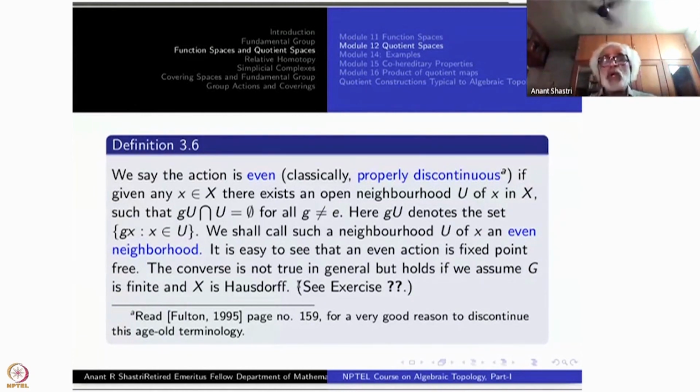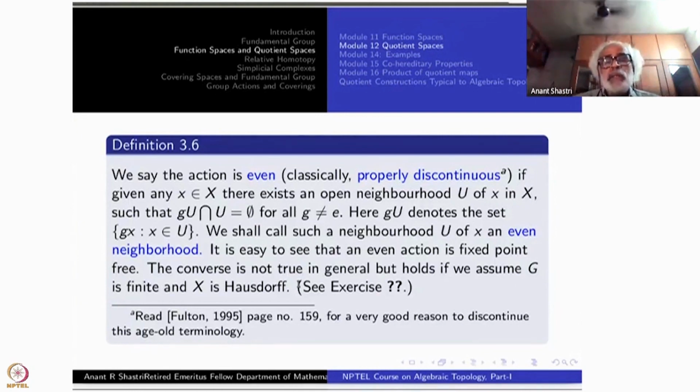So this is much stronger than the fixed point free action. This could not be defined for arbitrary sets, because there are no neighborhoods or topology there. Here gU denotes the set of all elements which look like gx, where x runs over U, g is fixed. We shall call such a neighborhood U of x an even neighborhood.